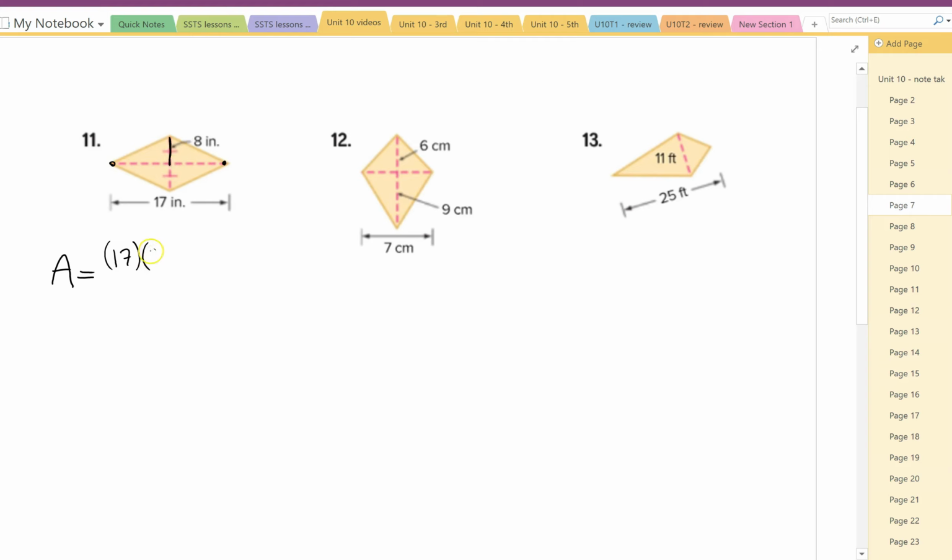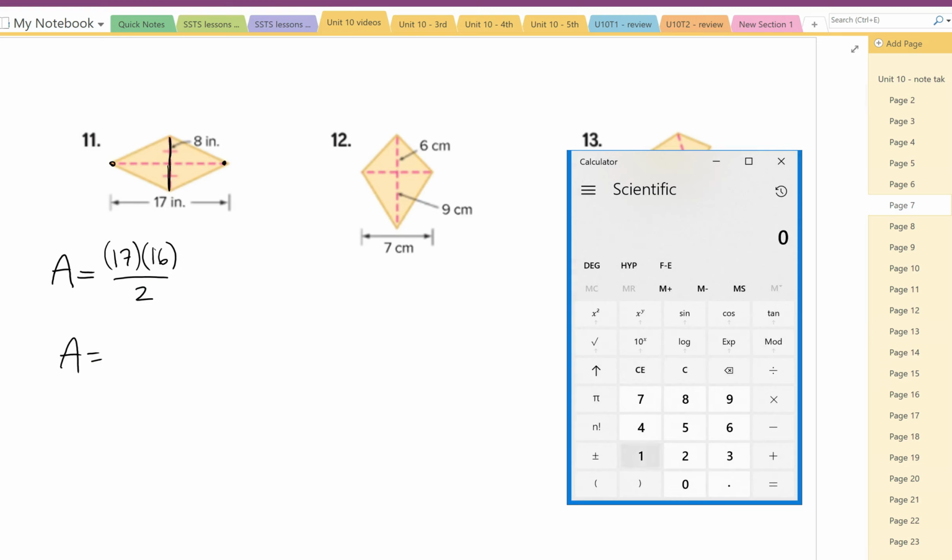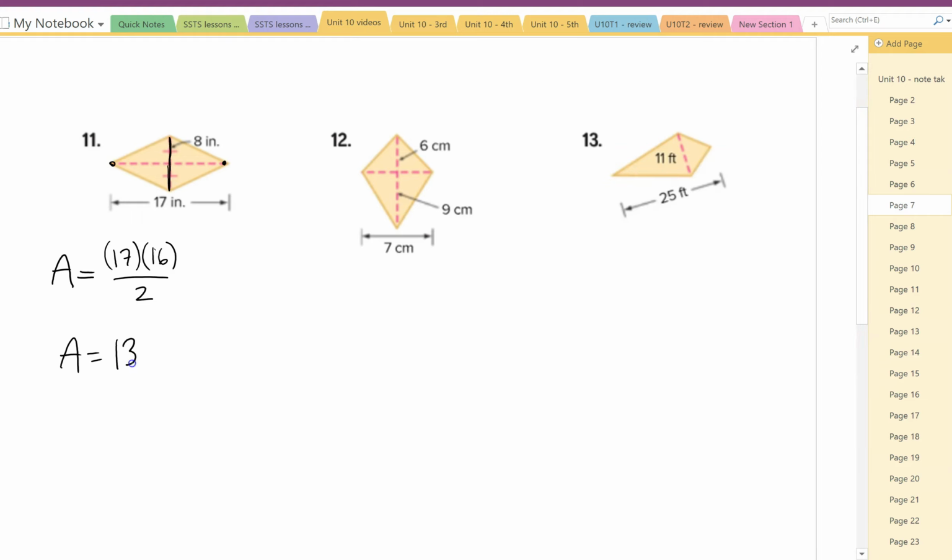So instead of putting an 8 right here, I'm going to multiply that 8 by 2, because if this top piece is 8, then this bottom piece has to be 8, and 8 plus 8 would be 16, and then I would divide that by 2. So the area here would be 17 times 16 divided by 2, which is 136. So 136 square inches is the area of this one.